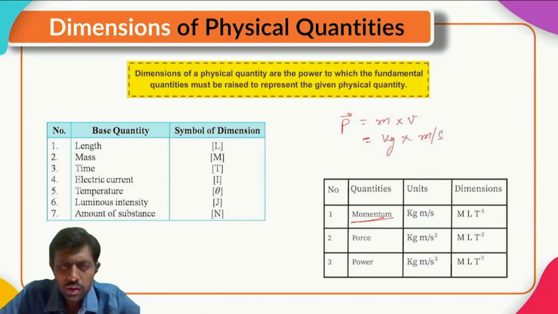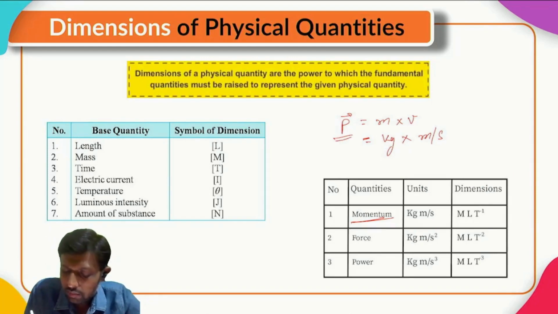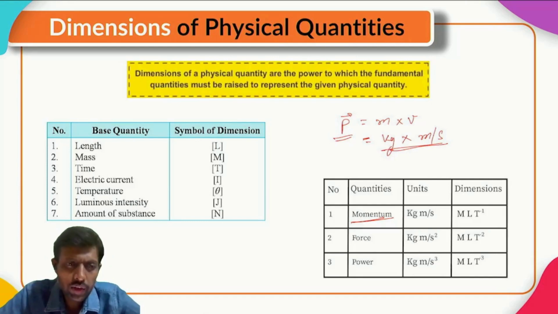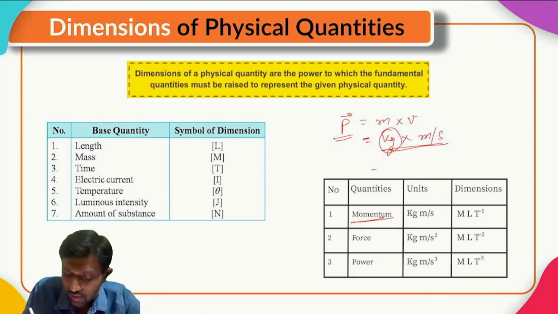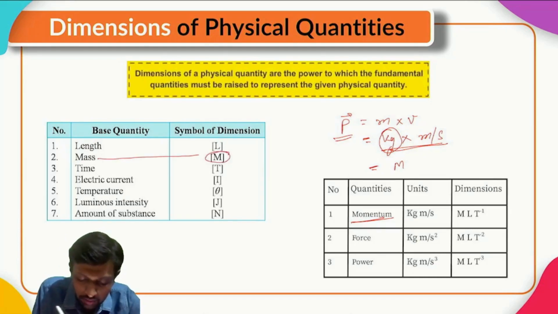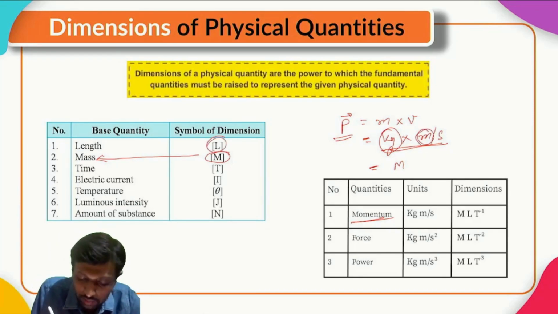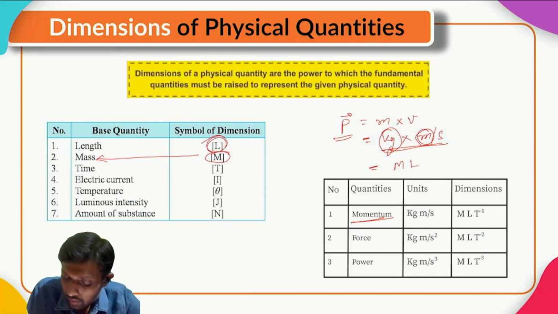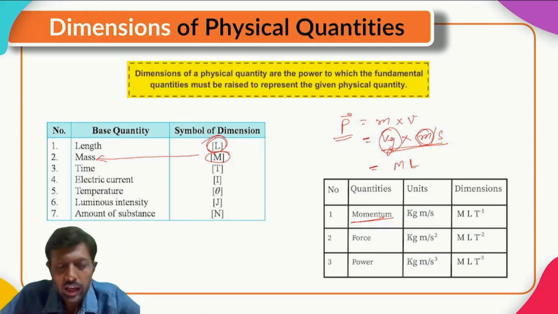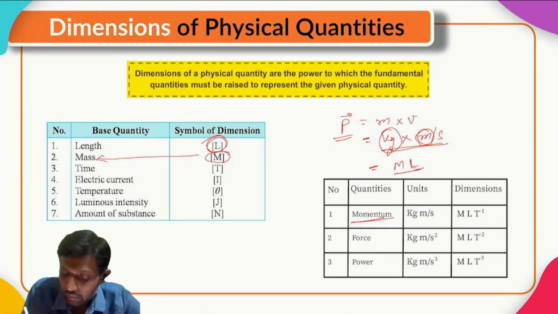If I have to express momentum in terms of the symbols of these fundamental quantities, kg represents mass, so the symbol that I will use is M. Then meter is length, so that's represented by L. So M is multiplied with L, upon time. So ML upon T, or you can write it as MLT minus 1.